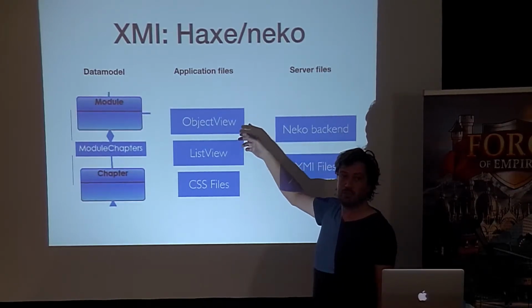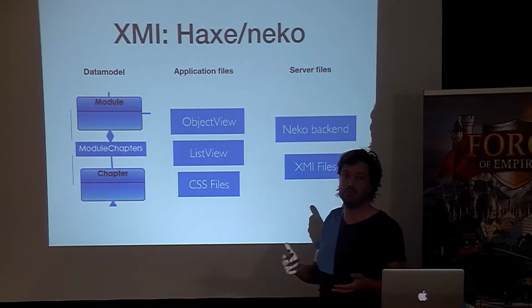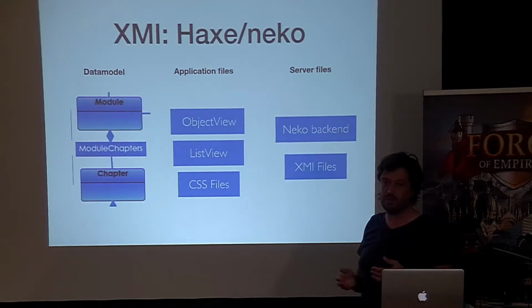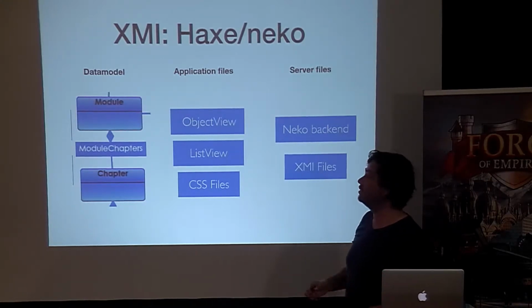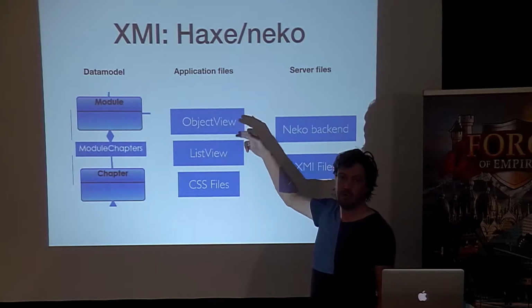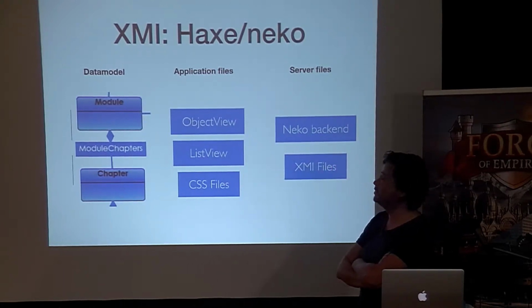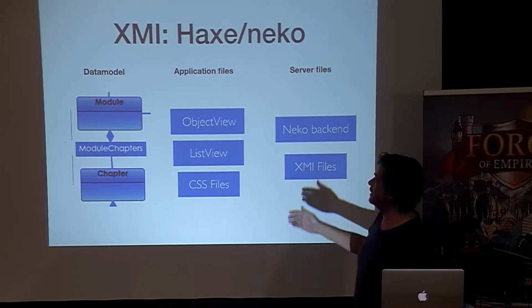So it was just added, and I didn't need to write a module view or a chapter view. There may be a need if you have very specific stuff that's not standard enough to be in the object view, and you can override the object view, and you say, well, now I'm trying to work with a module view, and I add the code that I want to. That's not standard. That's custom.